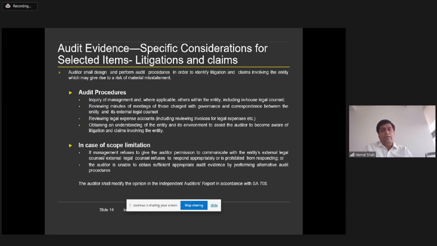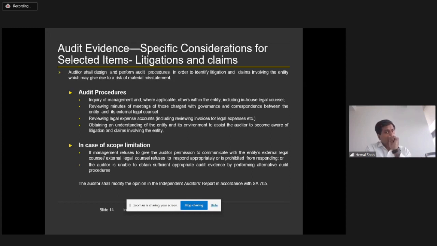Again, probable is not defined, but if it is an 80-90% chance that the company may lose it, then it is probable. Then the company will have to provide for that liability in the financial statements. After probable, it is possible. Possible is where it's a 50-50% chance: a 50% chance of the company winning the litigation and a 50% chance of the litigation going against the company.